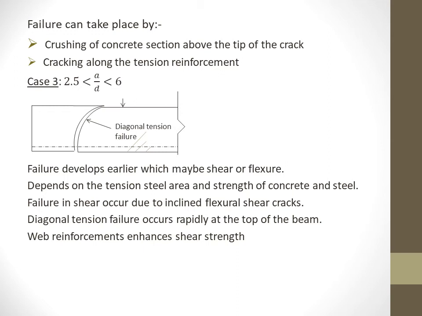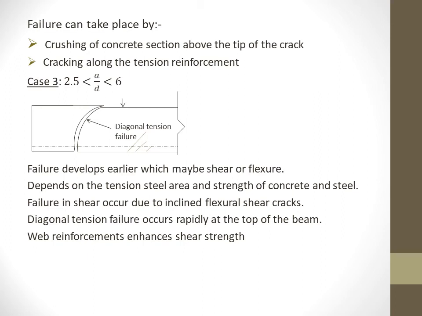Generally, it is in the range of value 6. For beams with a by d ratios in the range 2.5 to 6, flexural tension cracks develop earlier. Failure in shear occurs by the propagation of inclined flexural cracks.